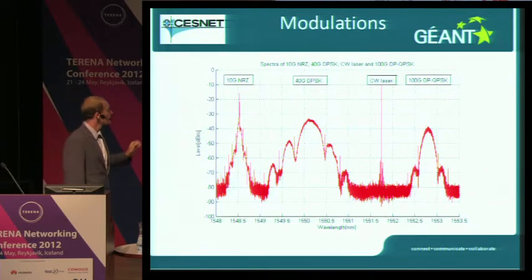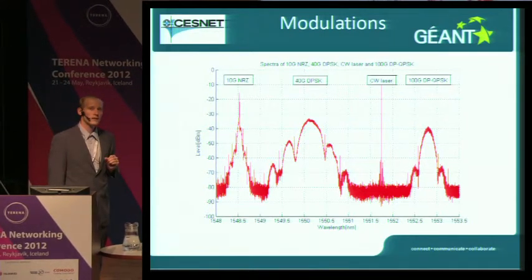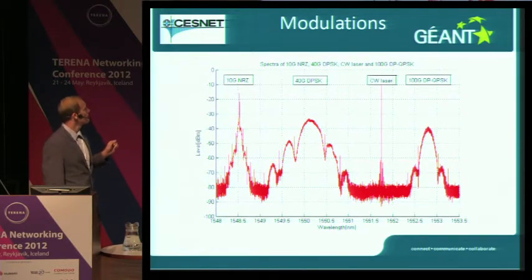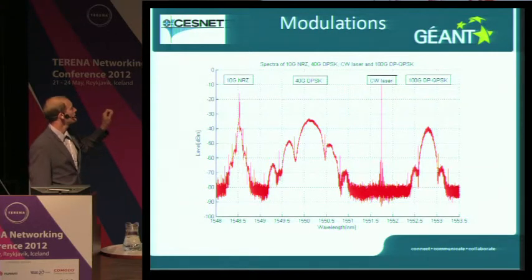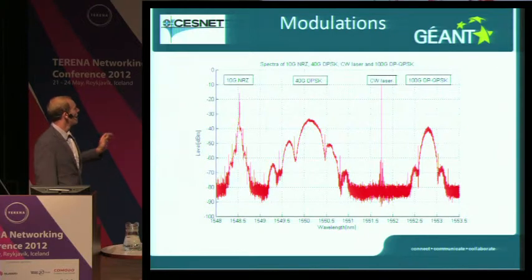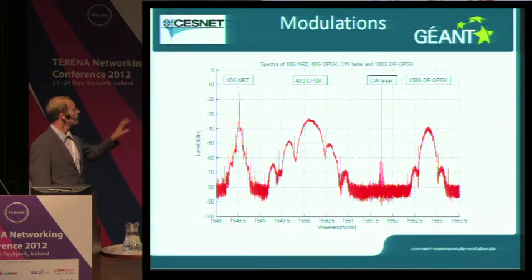On the left side, there is standard 10G on-off keying intensity modulation, non-return to zero, which has a classical triangular shape. You can see those modulation sidebands, which are equal to the baud rate for that modulation. Next to it to the right, there is phase modulation, DPSK, differential phase shift keying, working at a 40G baud rate.